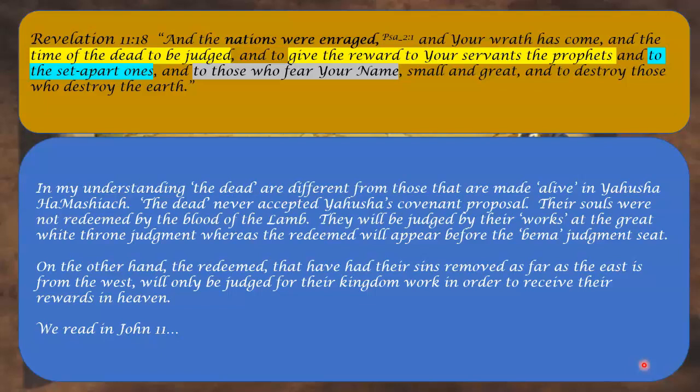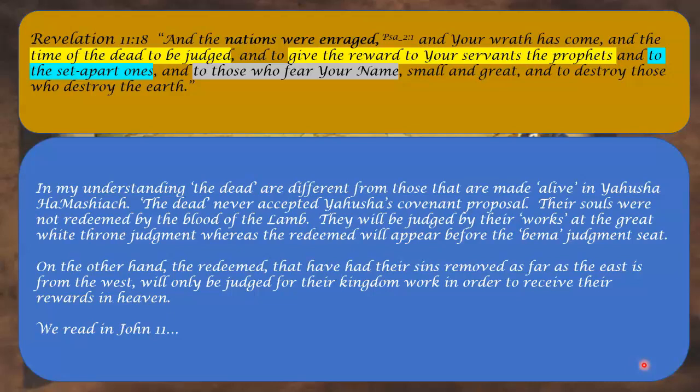When believers died prior to the time of Yahusha's death, burial, and resurrection, those that were believers went to the bosom of Abraham. And there was a great chasm between the comfort side of Sheol and the torment side of Sheol. That's just briefly, that's a whole different topic.